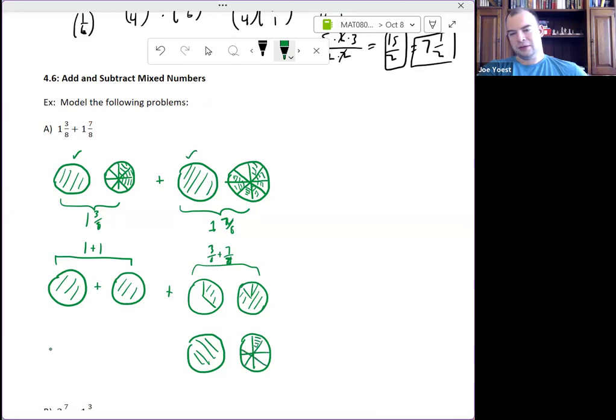And 2/8, right? If I imagine combining these two pictures together, this slice is going to fill in that gap, and then I'm left with two extra slices. So this one whole can get accumulated onto the other wholes.